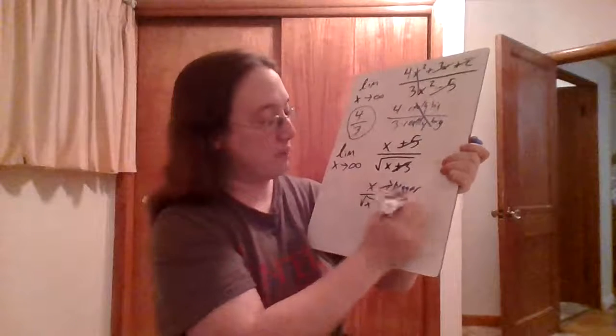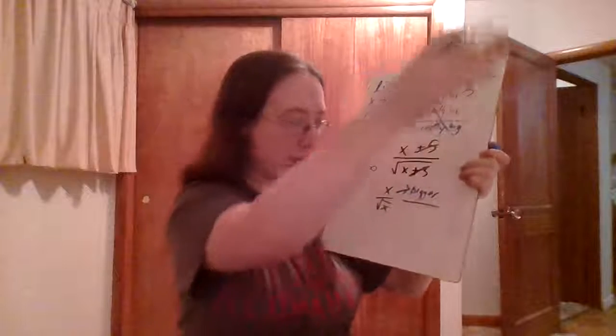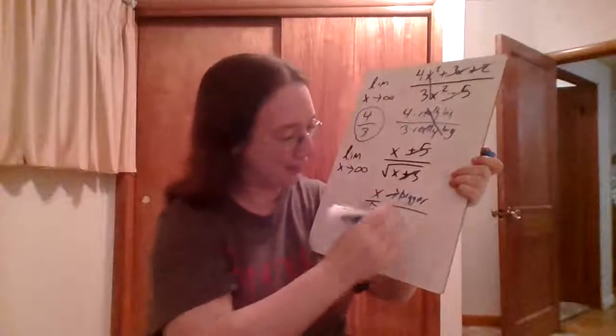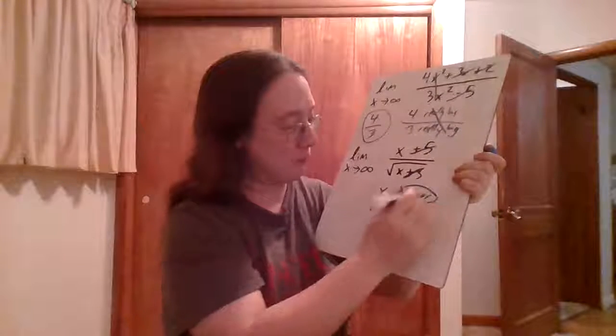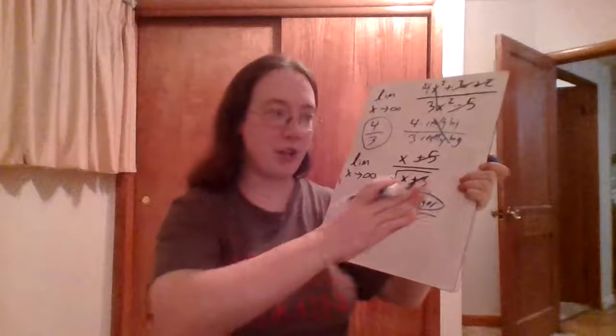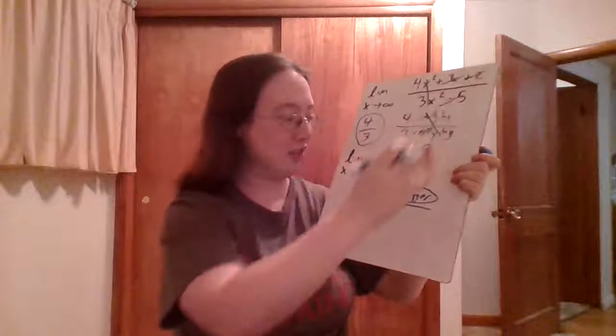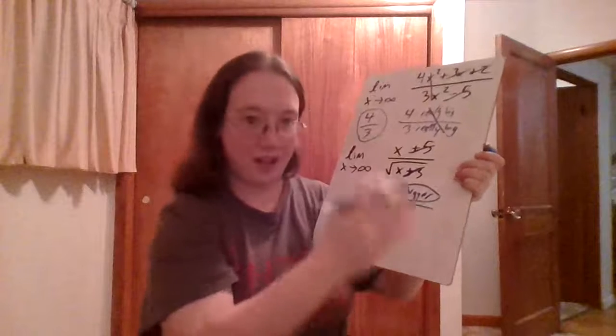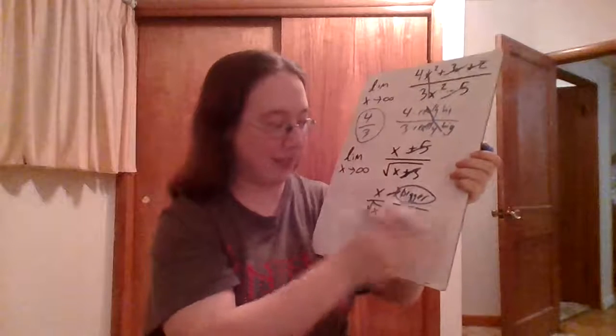So if our top is getting bigger than our bottom is, and the bottom is still getting bigger but not as fast, it sounds like we're going off to infinity, because it's not going to catch up to the bigger thing on top.